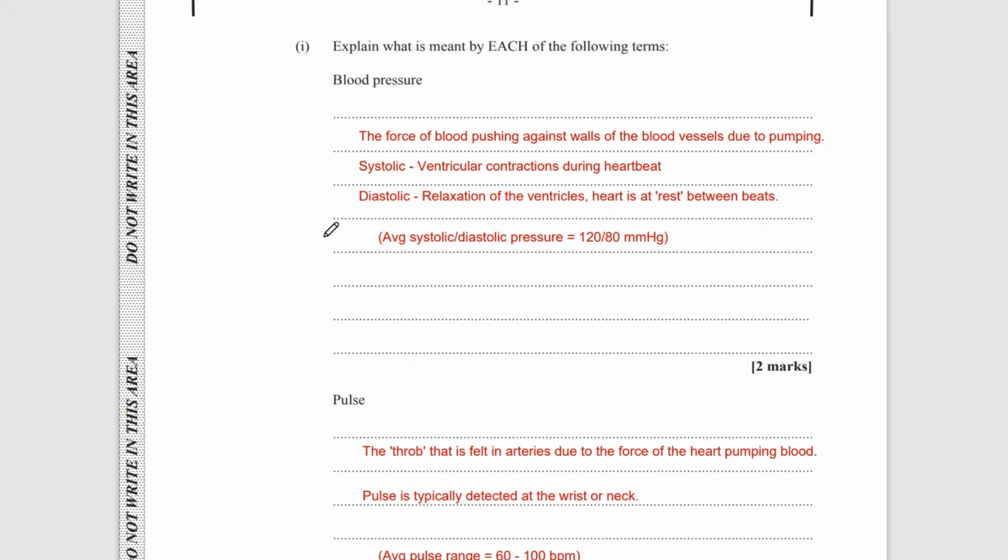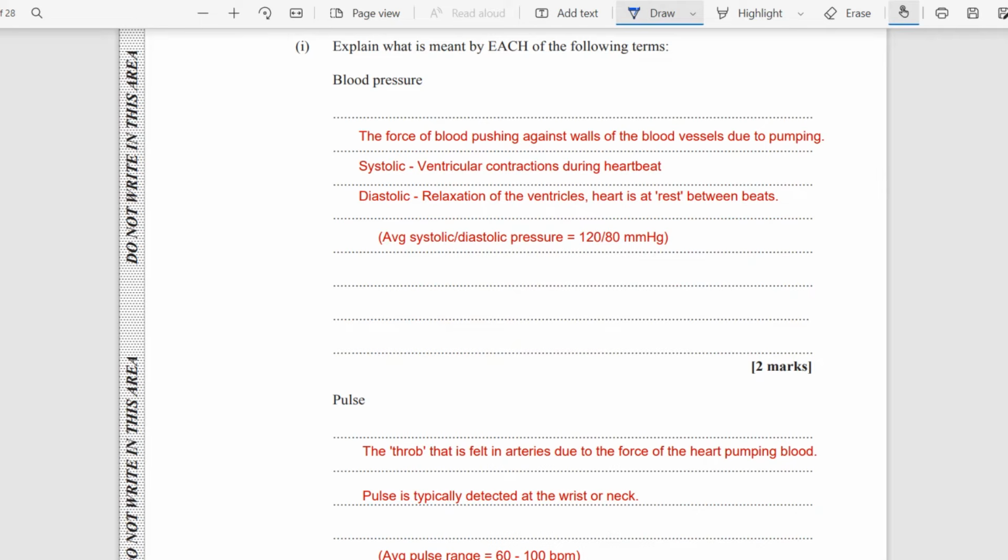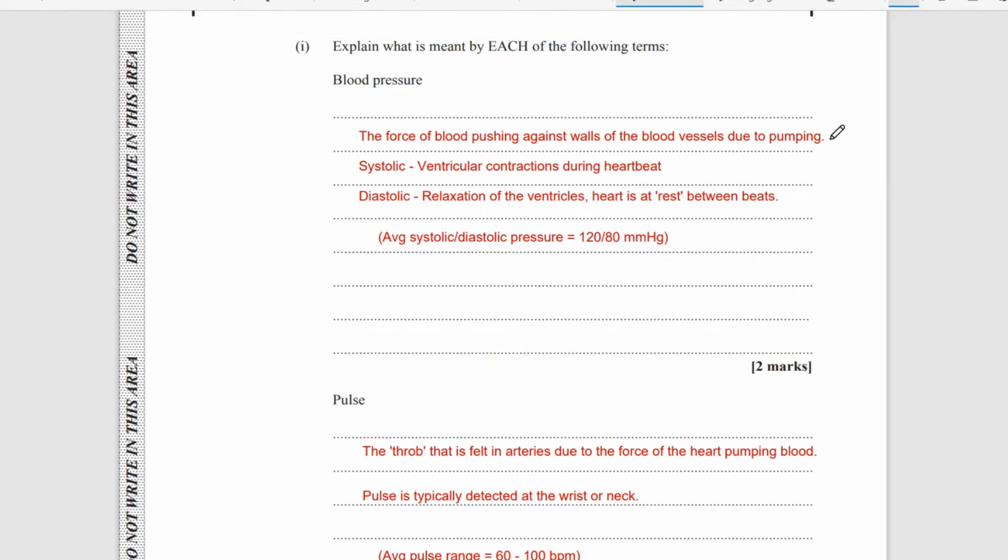Diastolic is more like when the heart relaxes, when the ventricles relax and allow blood to refill the heart. So this is usually a lower pressure. It's 2 marks, so just a general definition, and you could also put a small definition for systolic and diastolic, or at least compare them.